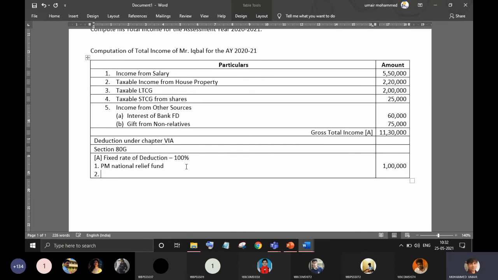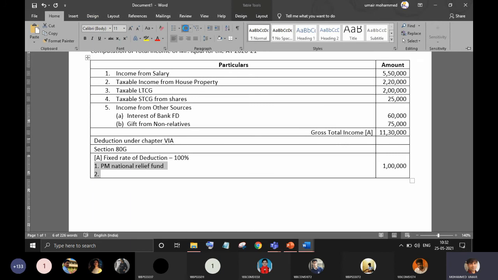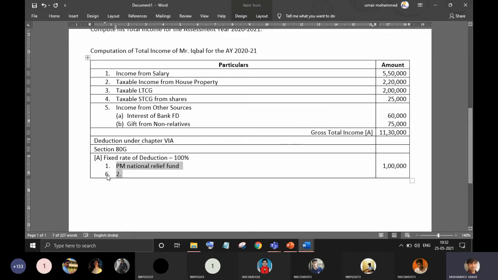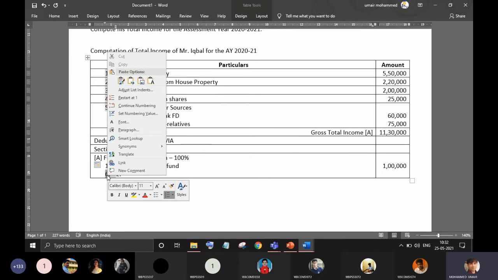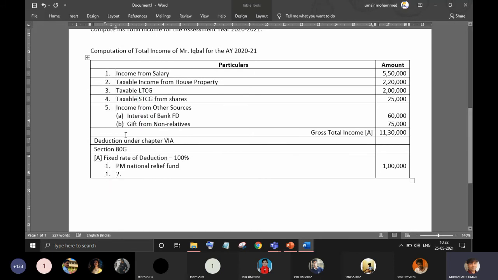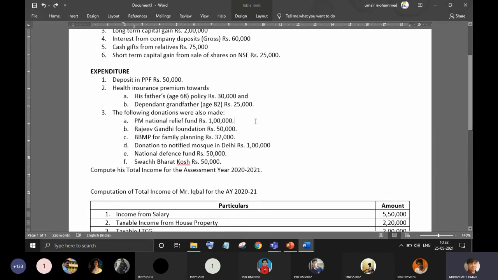Next, do we have any other donation that comes under this category is what we are looking for. So let's look at the question again. For our understanding, let's put a mark here. This belongs to category A. Next is Rajiv Gandhi Foundation, which belongs to category B. If you put a mark here, it becomes easy for us to do the calculation.